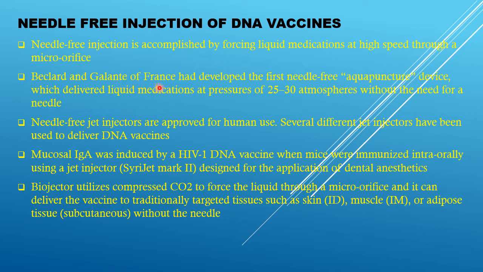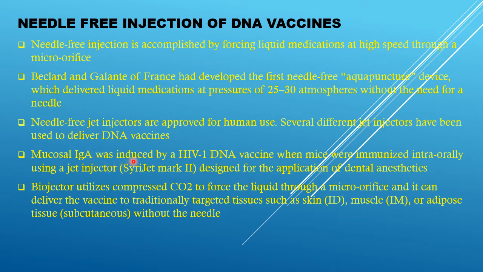Beclard and Galante of France developed the first needle-free acupuncture device, which delivered liquid medications at a pressure of 25 to 30 atmospheres without the need for a needle. Needle-free jet injectors are approved for human use. Several different jet injectors have been used to deliver DNA vaccines.